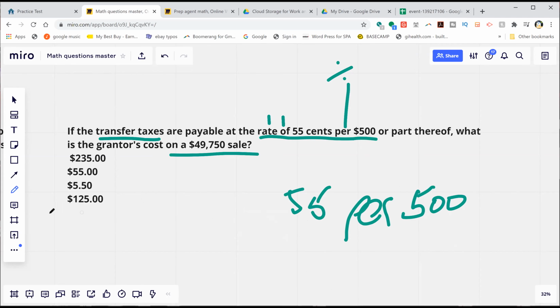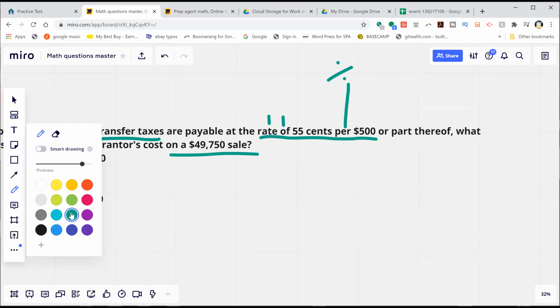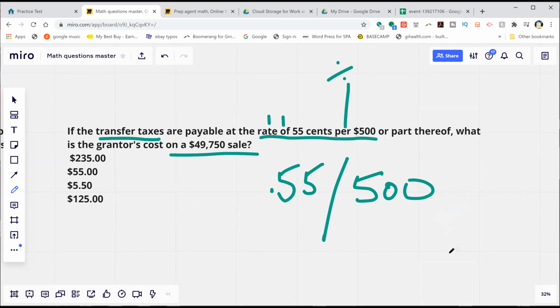So the very first step that I would do in this problem is convert that tax rate into something that I could multiply. So I would do 0.55 divided by 500, okay?